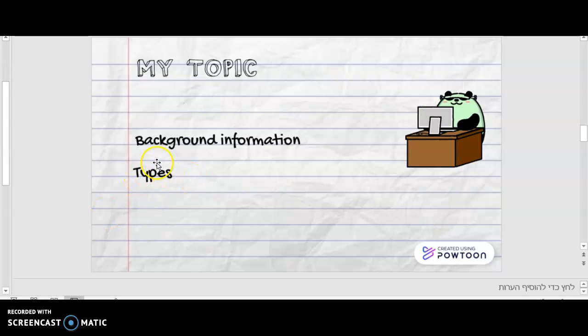You can also write background information about the topic, and types, for example, different types of violence like physical violence, verbal violence, psychological, sexual violence. So you have to state your types here.